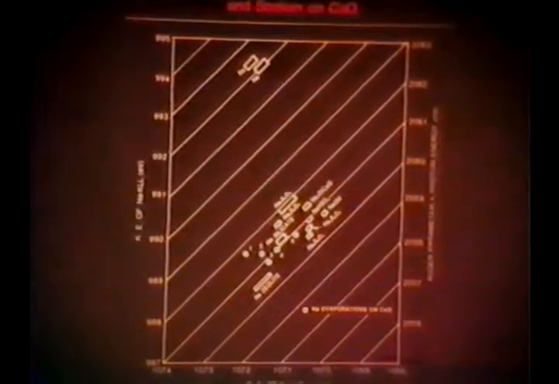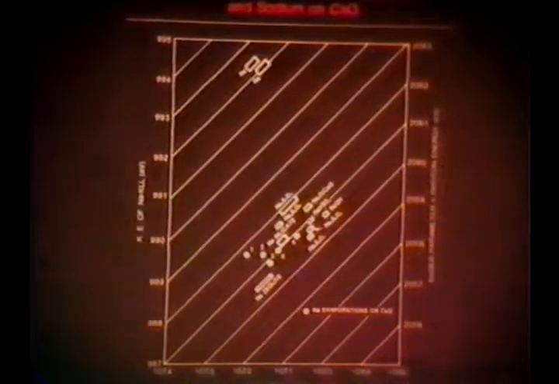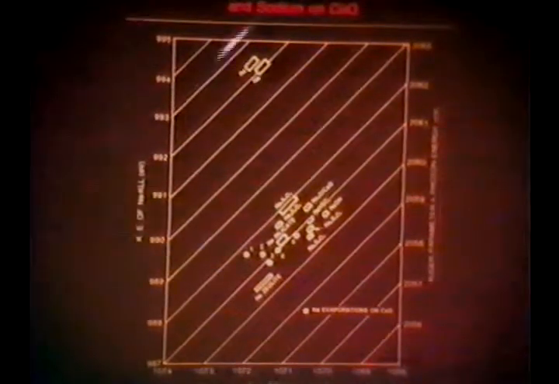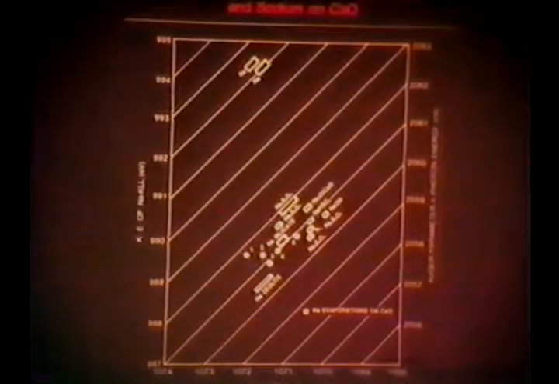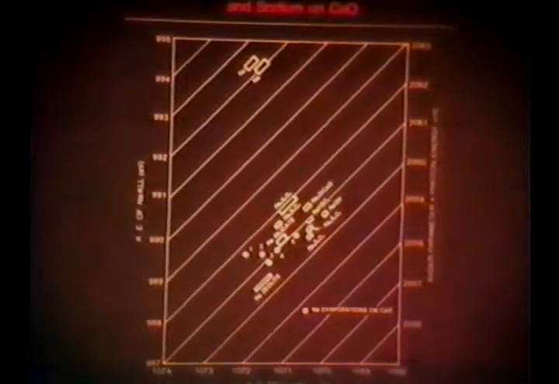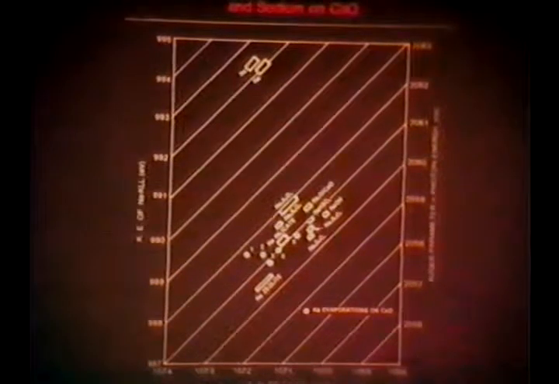As you can see, we can identify different sodium compounds using the Auger parameter plot. Metallic sodium is located in this region, while the sodium +1 states are located in this region. The open circles going from 1 to 5 are for increasing sodium evaporations on calcium oxide.